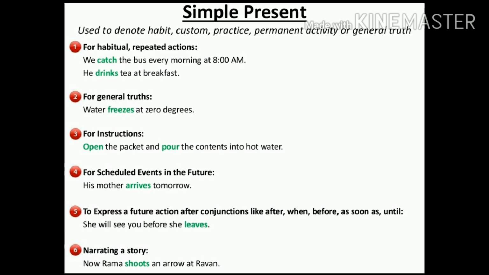For scheduled events in the future, if there is any event which has been scheduled, which means which is fixed to happen, which has been decided to take place in the future, to convey that also we will use simple present tense. For example, his mother arrives tomorrow. So here, though it is happening in near future, the event is scheduled, means it is fixed, it is pre-decided. For any pre-decided event in the future, we will use simple present tense to convey it.